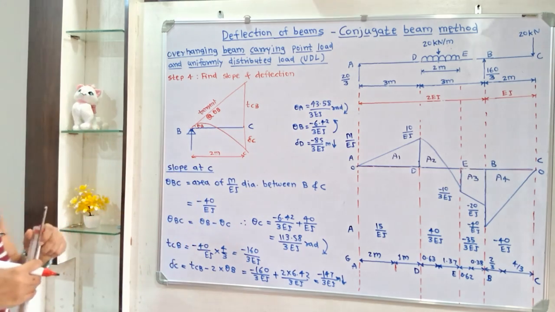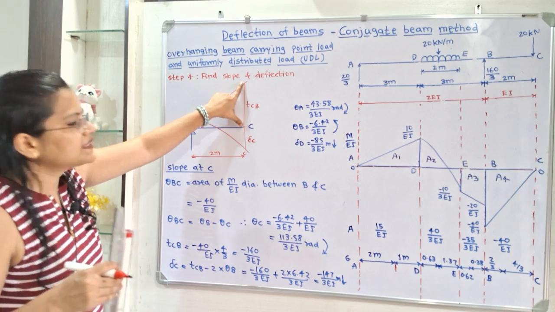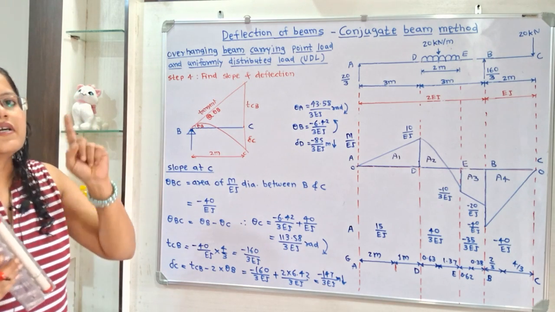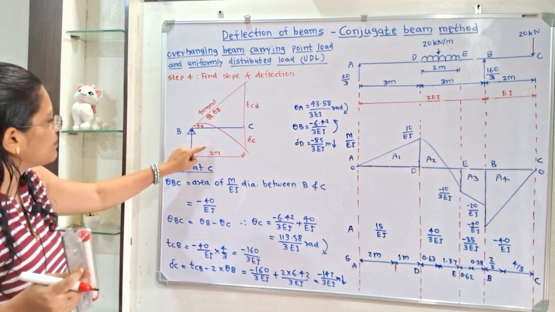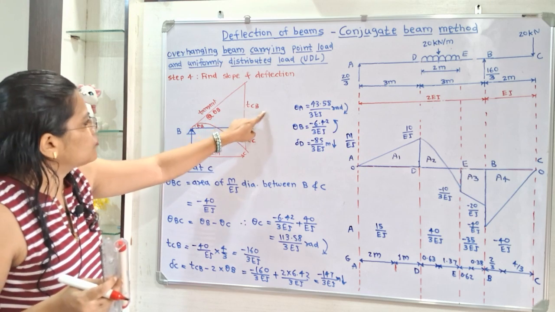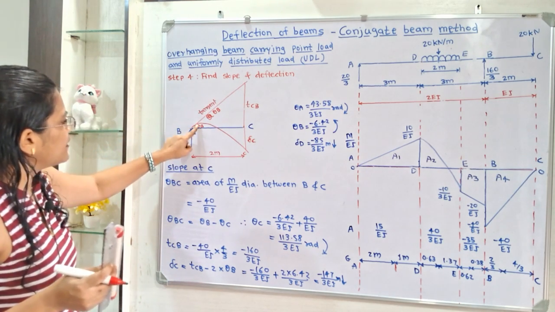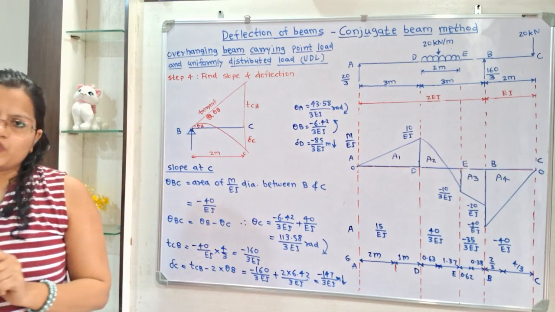So we know the formula, that is this delta C is equal to this TCB minus multiplication of this theta B and this distance. So delta C is equal to TCB minus inside the bracket theta B multiplied by 2.